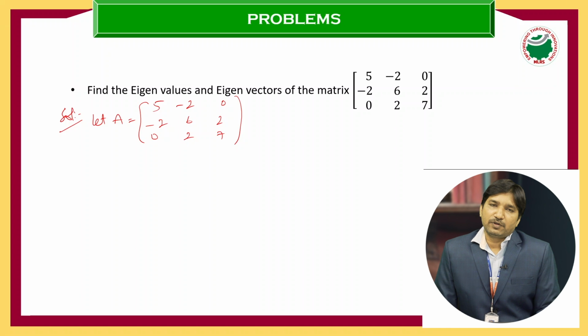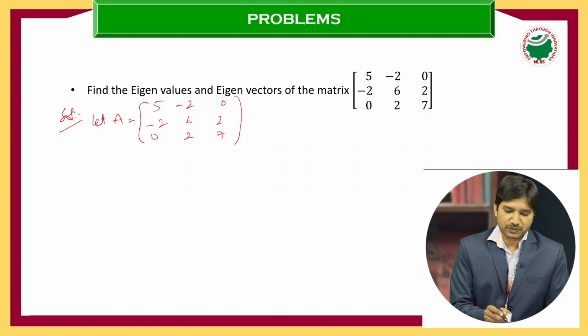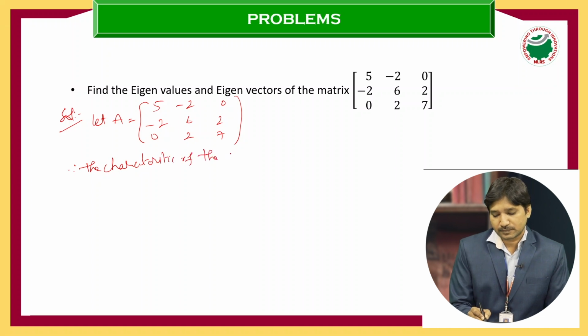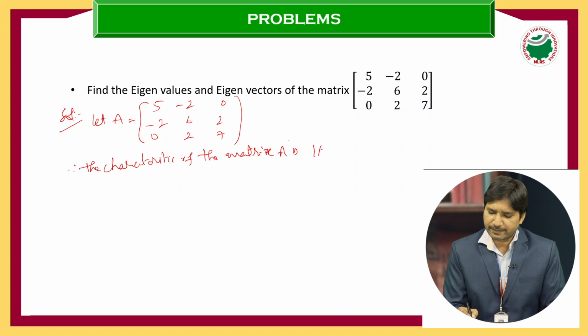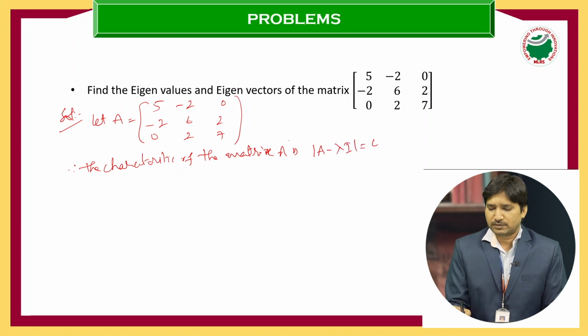Okay. Before we find the eigenvalues, first we have to write the characteristic equation of the given matrix. The characteristic equation of the matrix A is det of A minus lambda I equal to 0.